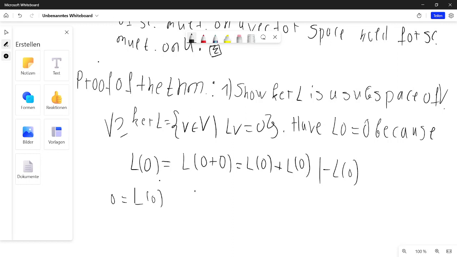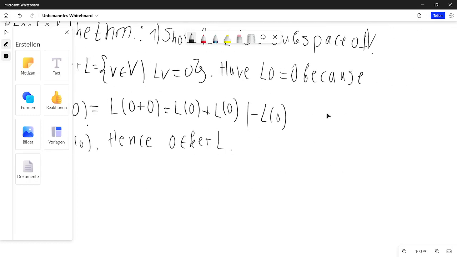So indeed, this property is satisfied by 0, and that is why 0 is itself such an element of V that is in the kernel of L. Hence, what we had to prove here first, 0 is in the kernel of the map L.